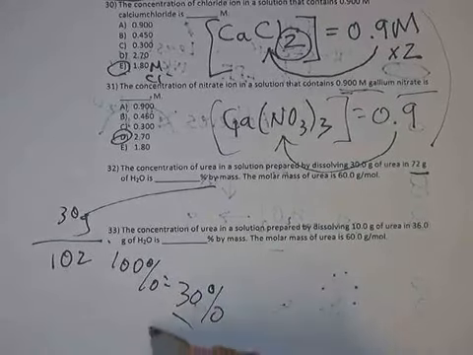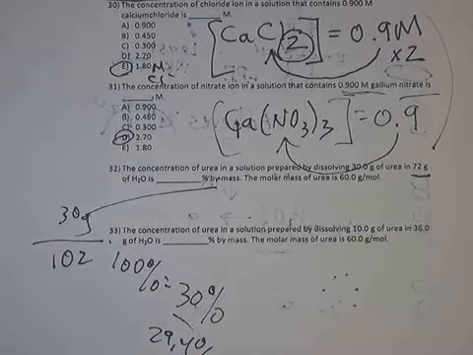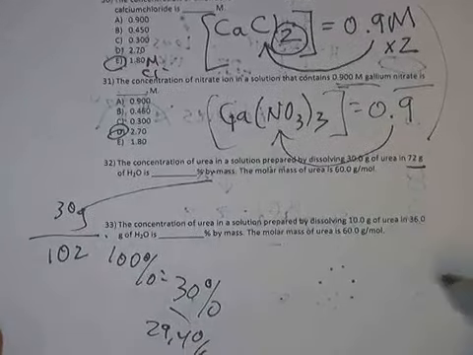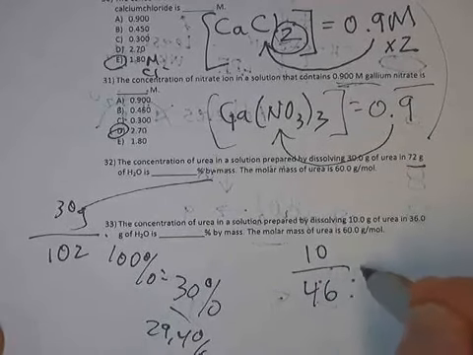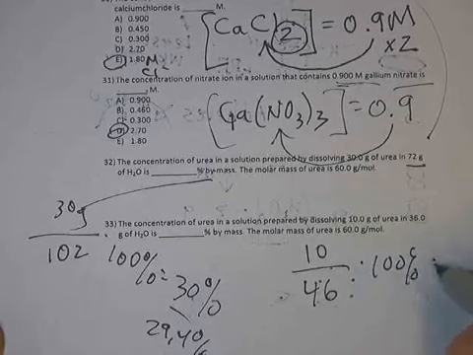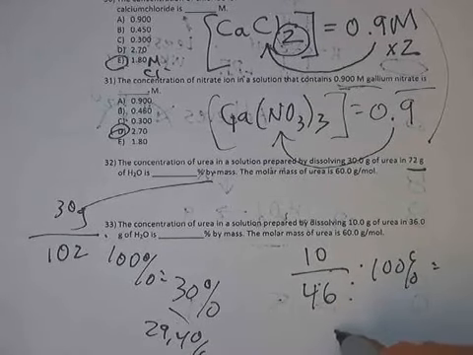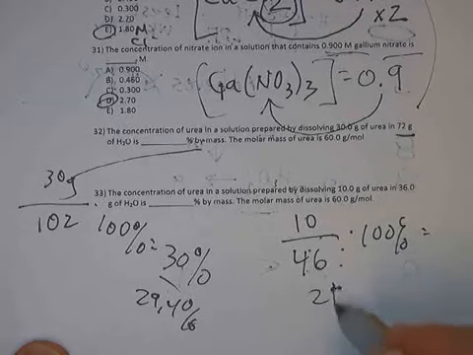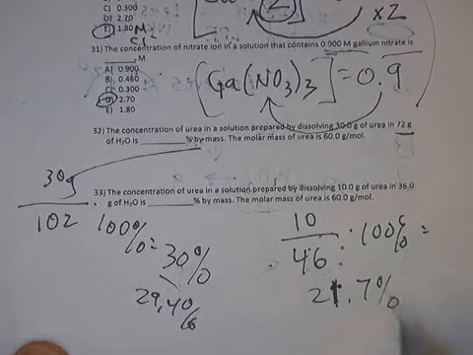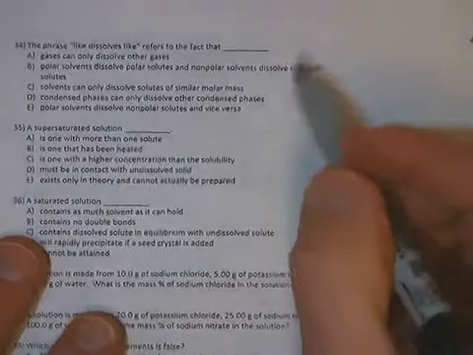Concentration of urea in a solution with 30 grams of urea and 72 grams of H2O is percent by mass. So percent by mass would just be taking the mass of the part, 30 grams, divided by the whole thing. So you have to add 72 and 30 together, which I believe is 102, and then multiply that by 100. So 30 divided by 102 times 100 turns out to be, well, it's pretty close to 30%.